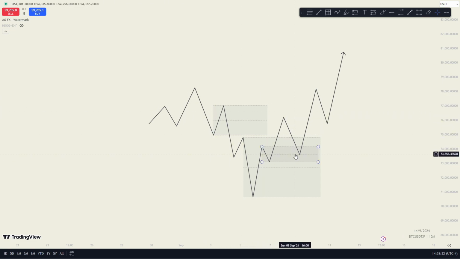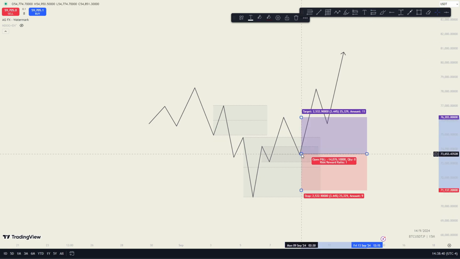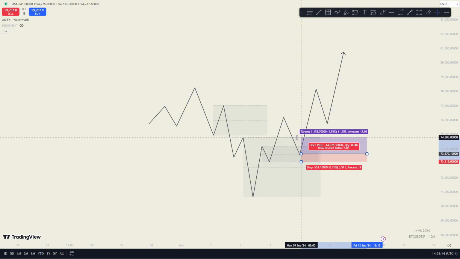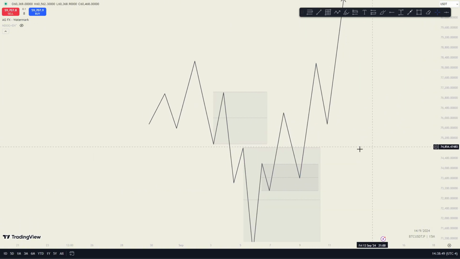So when we retrace, we can just enter here and still target the high of the original zone, and with that we can increase our risk to reward.